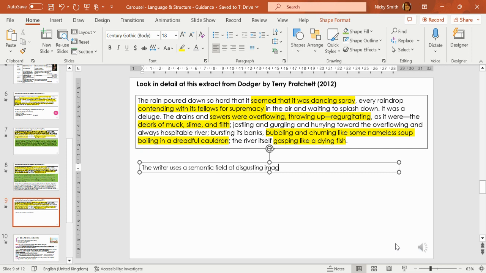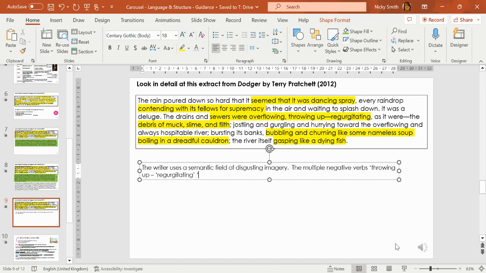Disgusting imagery. The multiple negative verbs throwing up, regurgitating. Now, if you know grammatically what kind of verb it is when it ends in ing, say it. But if you don't, again, it doesn't matter.